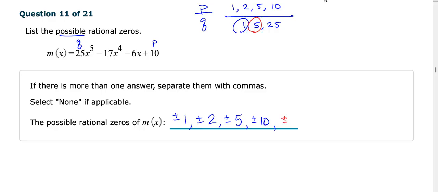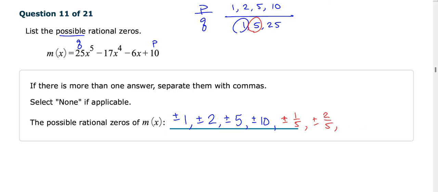So I get plus or minus 1/5, plus or minus 2/5, plus or minus 5/5, which is 1. We don't need to do that because we already have it. And then plus or minus 10/5. Oh, wait a minute, that's 2. We already have that as well. So those 2 we don't need. I'm going to get rid of those 2.